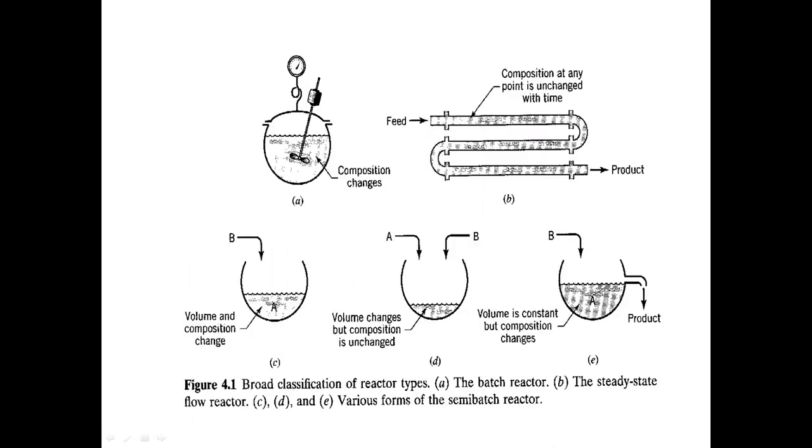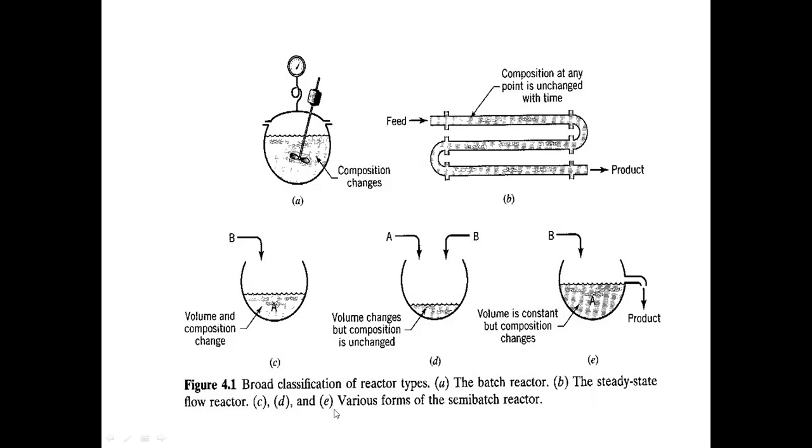Now, this is snipped from our reference book, Levenspiel. In letter A, that's how he represented the batch reactor, and letter B is your tubular reactor. But this B, this C, and this D are all steady state flow reactors, plug flow and CSTR.